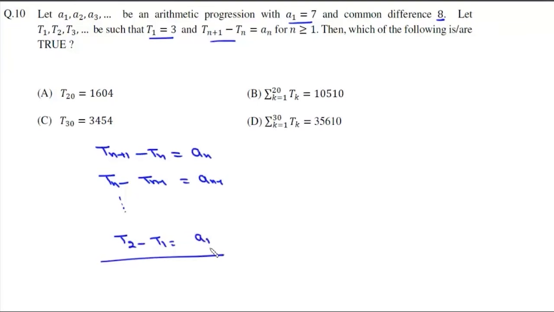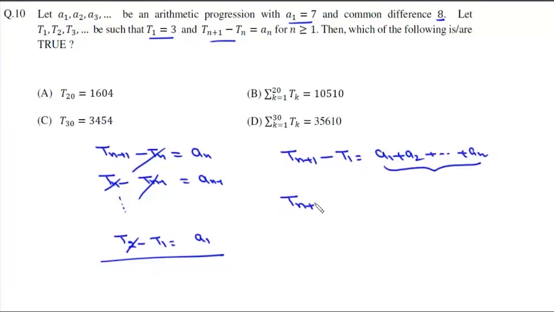Now if we add them all, then all these terms will cancel. So from here we'll get T_{n+1} minus T_1 equal to this series, which is a_1 plus a_2 up to a_n, which is nothing but the sum of the first n terms of this AP.